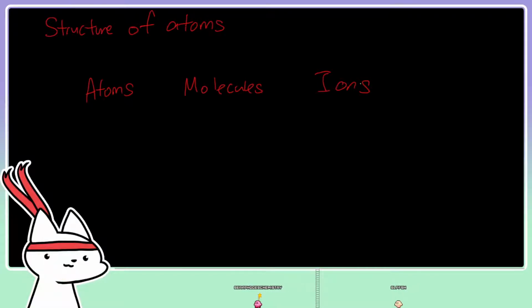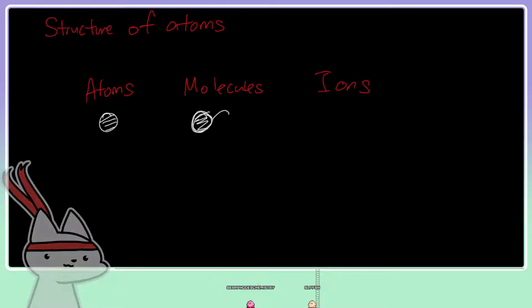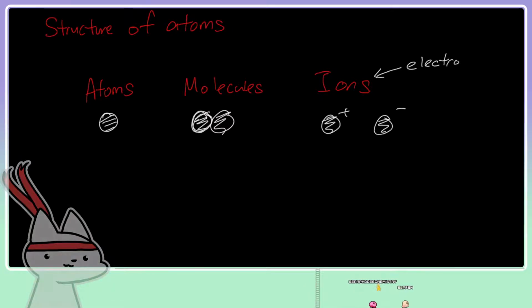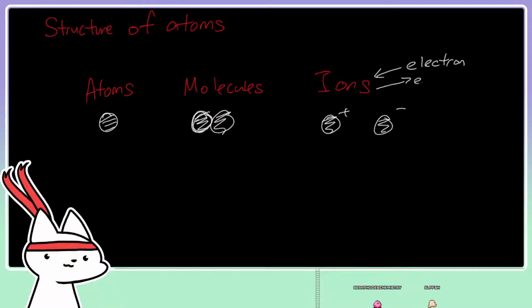Atoms are alone, molecules are multiple atoms joined together, and ions are charged, involving gaining or losing electrons.